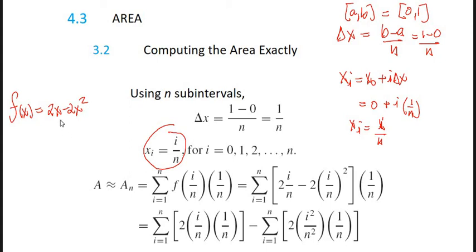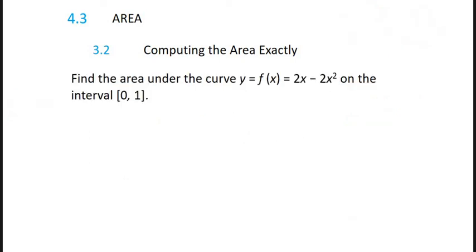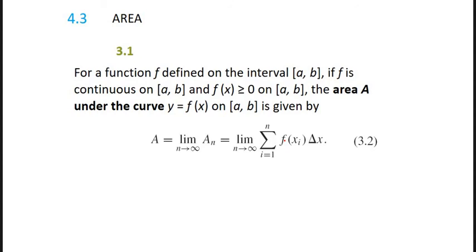Now in our case, we start evaluating this function at i over n: 2 times i divided by n, minus 2 times i divided by n squared, times delta x. Because the equation we were looking at a moment ago is this one: the function evaluated at xi times delta x. This is the equation we're using.